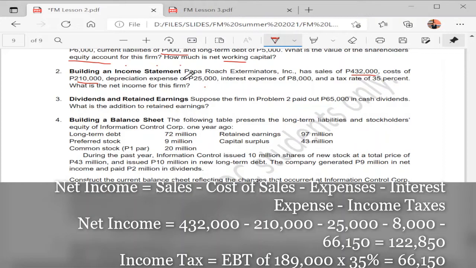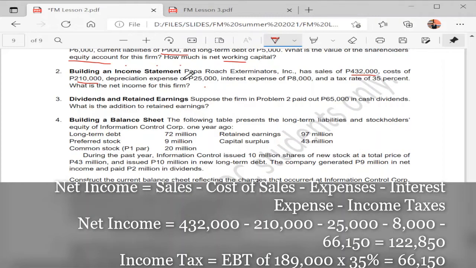And since we have the tax rate here, we need to deduct the tax. So we can compute the 35% of 189,000. That's 66,150, and deduct that from our EBT of 189,000, you will get your net income of 122,850.